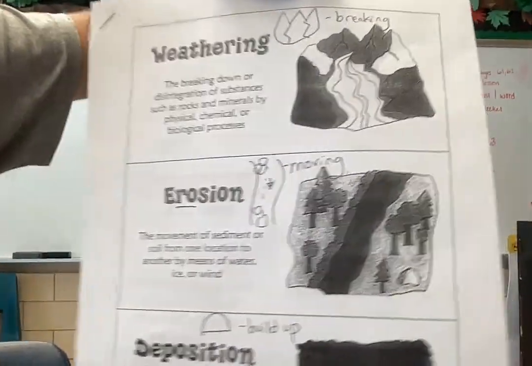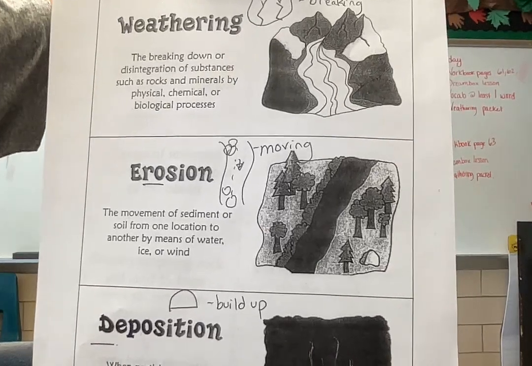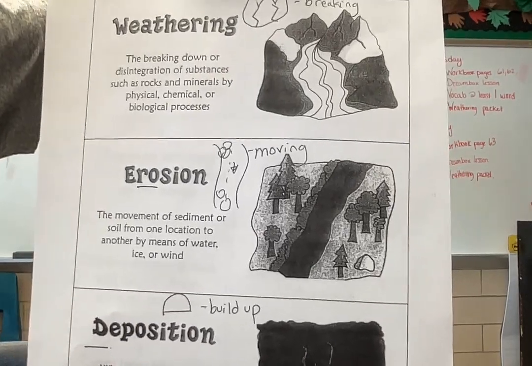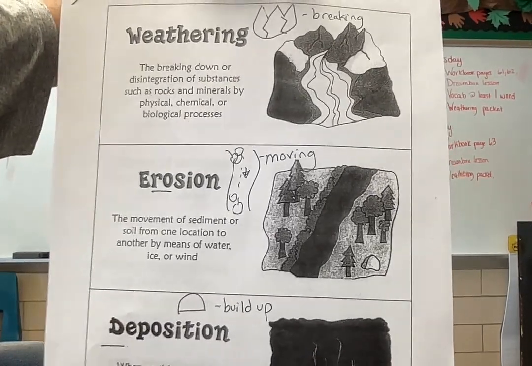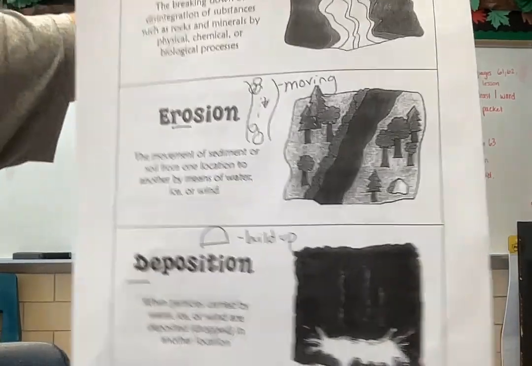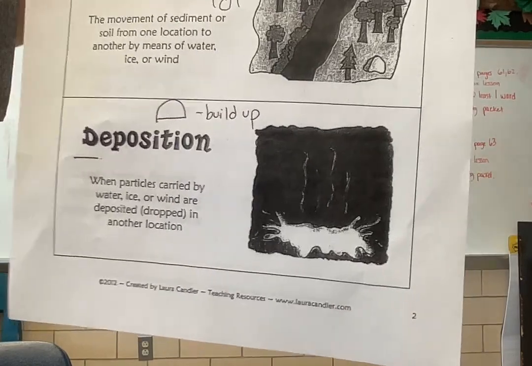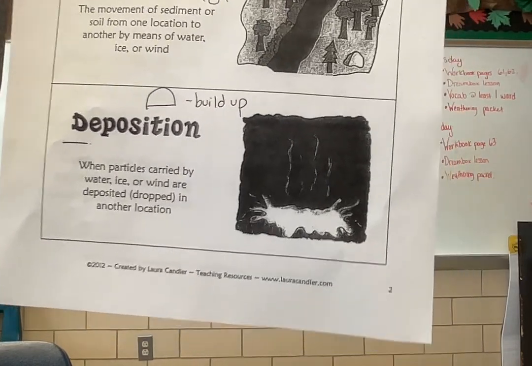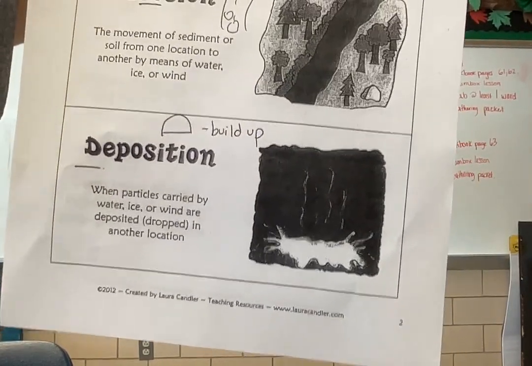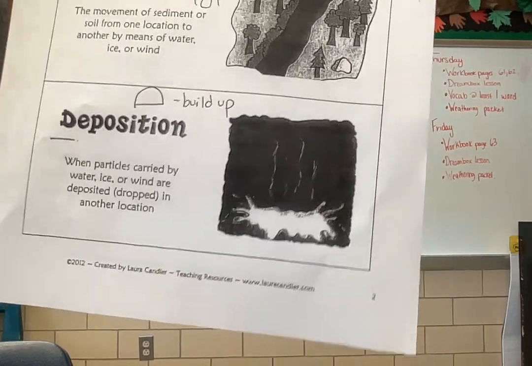Erosion is the movement of sediment or soil from one location to another by means of water, ice, or wind. And deposition is when particles carried by water, ice, or wind are deposited or dropped in another location.